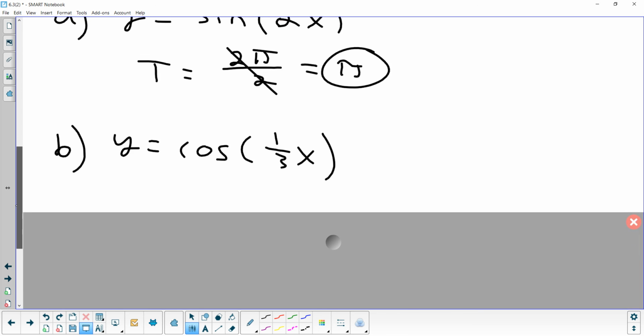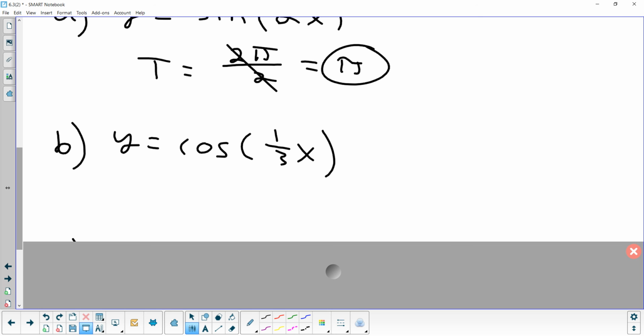Let's try this one. What should happen here? A stretch or a compression? Francesca? A stretch. That's a stretch by a factor of 3. That means whatever the original cycle is, it should now get 3 times as big. Let's see. T equals 2 pi divided by, what's my b value? Yep, 1/3.